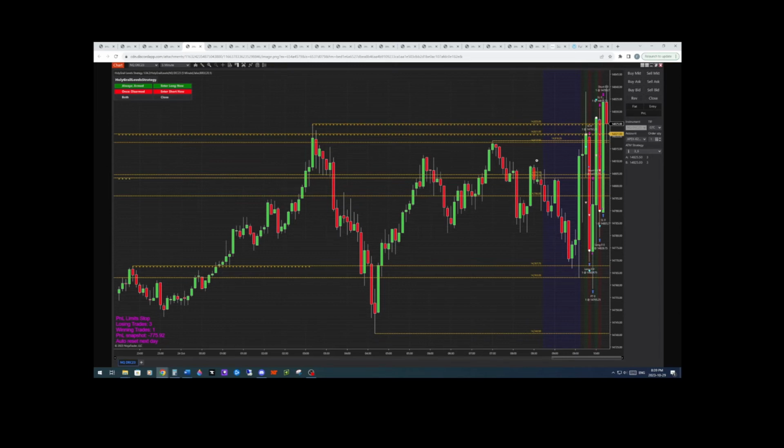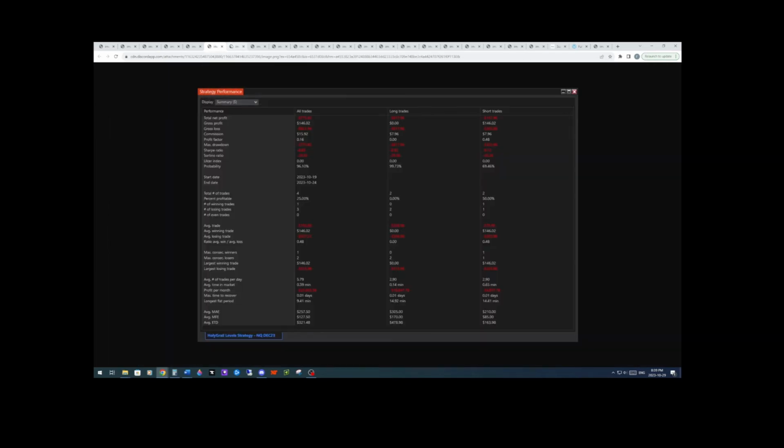This is what you would call a chop market, because it goes back and forth instead of trending one way or another. So it did not perform the best in a chop market, and it's better when it's moving one way or the other. Then at the end of that day, we were down to about 400.